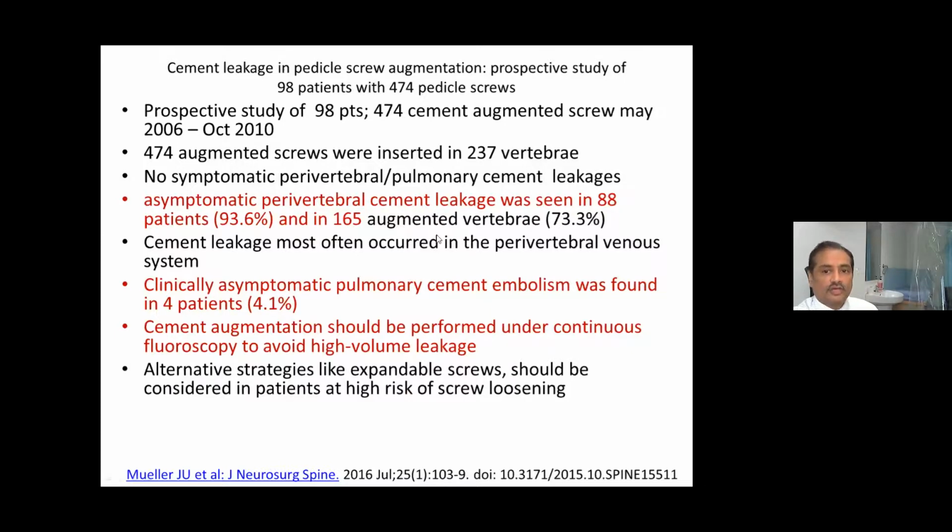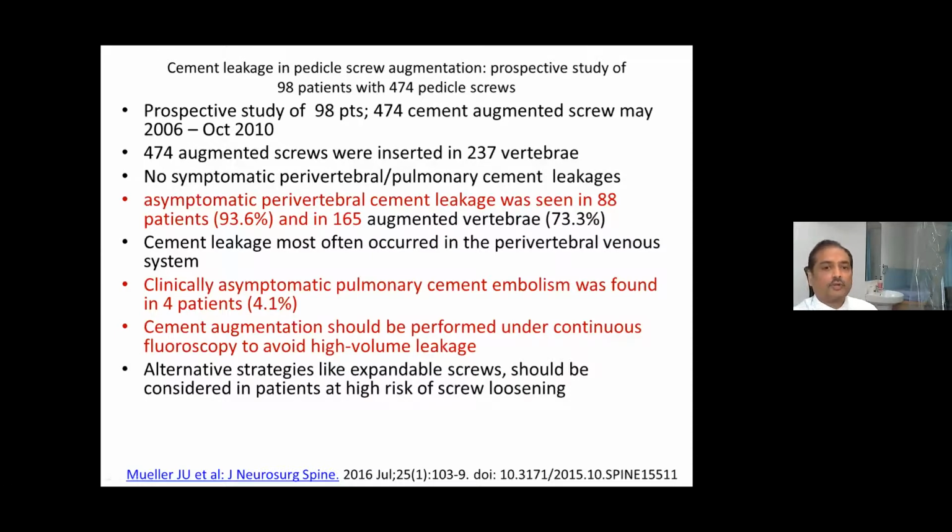They found that leakage of the cement is seen in around 94% of the patients. So it's very common, but none of these were significant. And in 4 people, an asymptomatic pulmonary cement embolus was seen. So while cement leakage is very common, very often it is not symptomatic or of any consequence in these patients. So it is very safe.